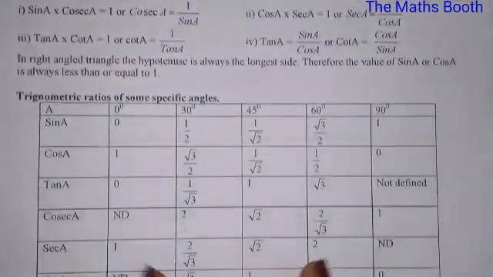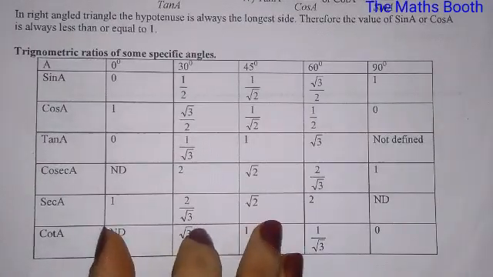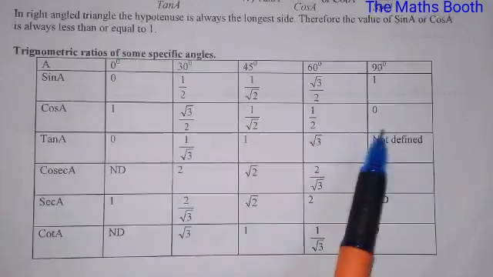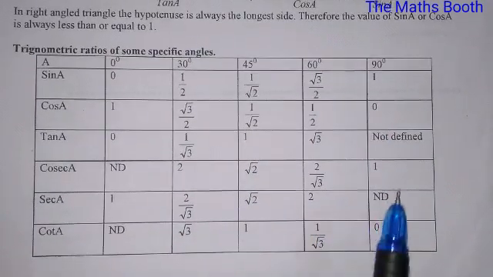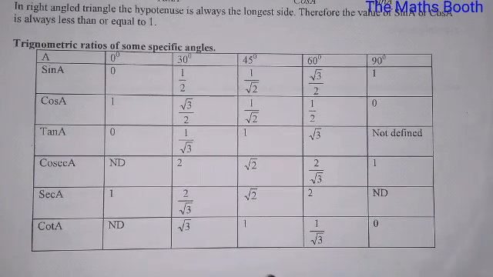The next very important thing is this tabulation, which is helpful to solve almost all problems, because these values are very important. To solve trigonometric problems you need to know these values, this tabulation also.